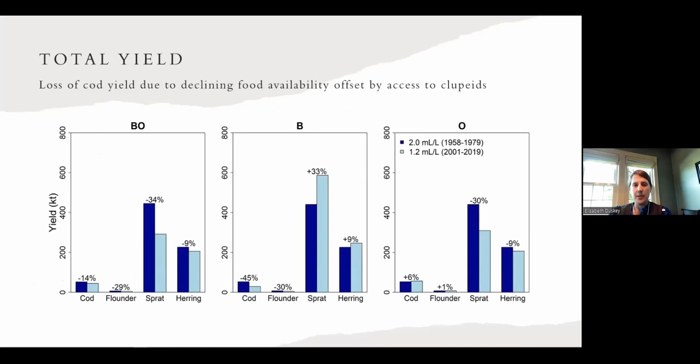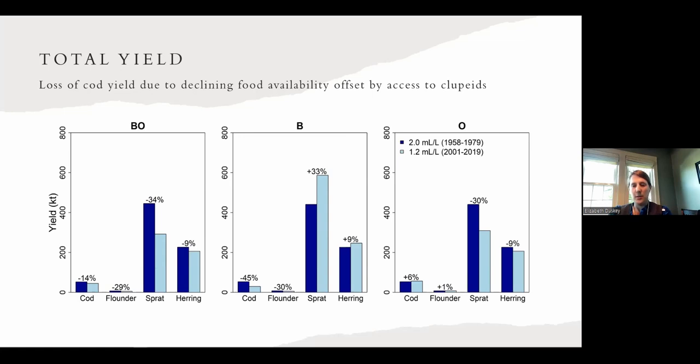All right, so here's the second step. In this and the following step, we used average fishing mortality through the 1991 through 2000 calibration period. This graphic contrasts total yield for all species during the historic period in a dark shade of blue and the modern period in a light shade.